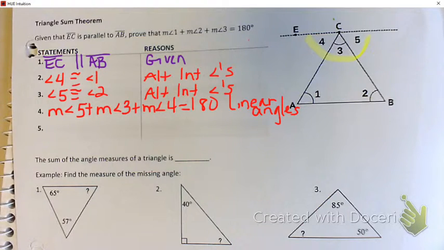Well, if angle 4 is congruent to angle 1, could I put angle 1 where the 4 is? If angle 5 is congruent to angle 2, couldn't I put angle 2 where angle 5 is? Okay, let's see what happens if I do that.